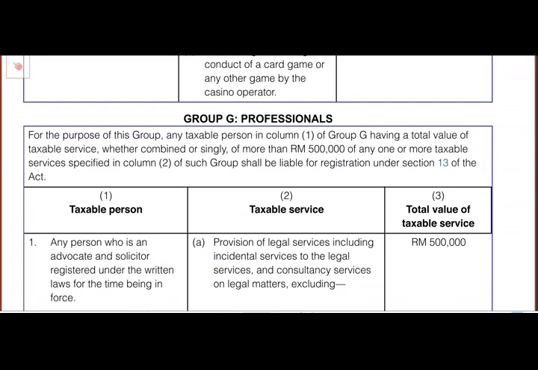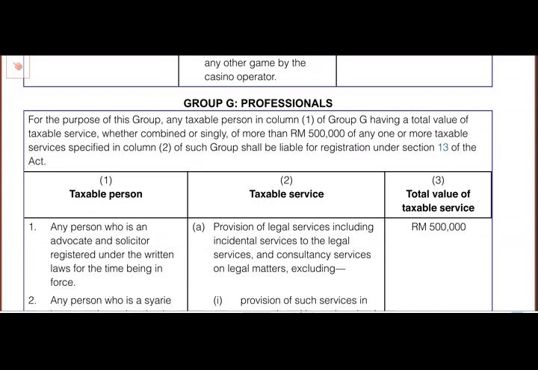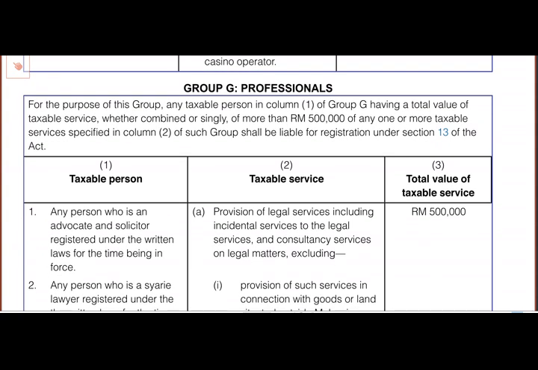Okay, now Group G is for professionals. So there's a long list here, okay, very, very long, all right? Now this list of professionals, you must understand, you may be falling into different categories of a person with different kinds of taxable services, but when it comes to measuring of the threshold, we actually look at it combined or singly, that is more than 500,000.